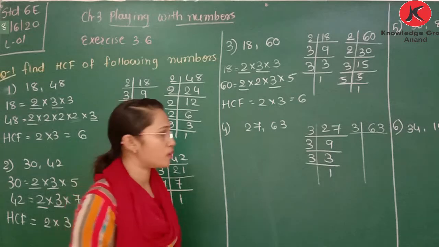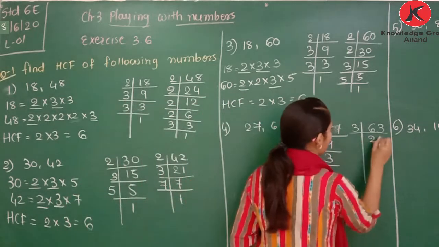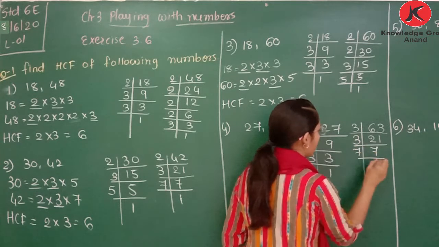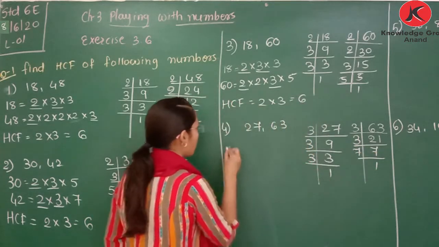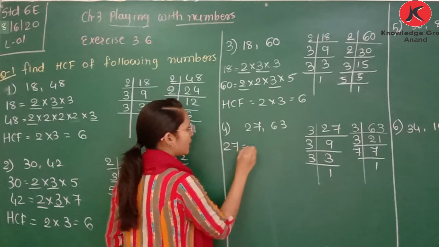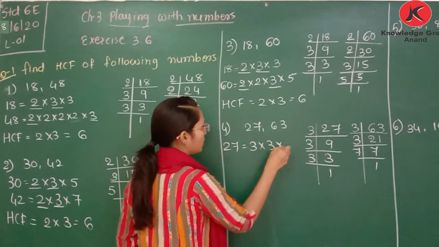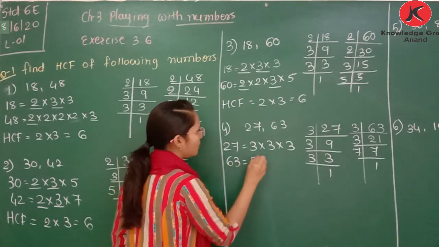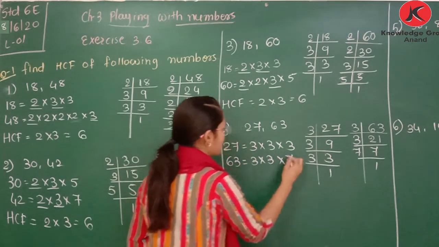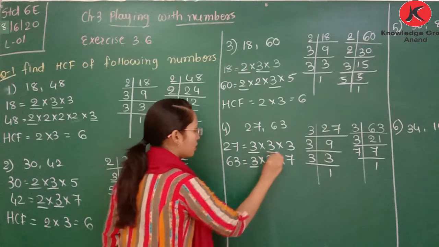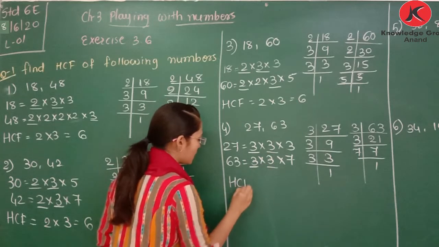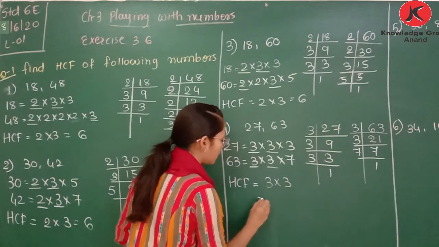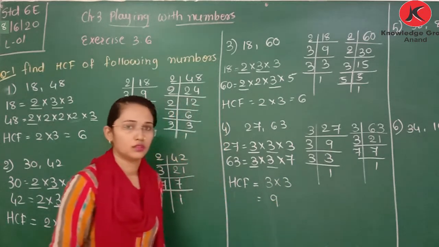Yes, it is divisible by 3. So 21 3s are 63, 3 7s are 21, 7 1s are 7. So 27 can be written as 3 multiply 3 multiply 3, and 63 can be written as 3 multiply 3 multiply 7. Common are 3 and 3. So HCF of 27 and 63 will be 3 multiply 3, that is 9.